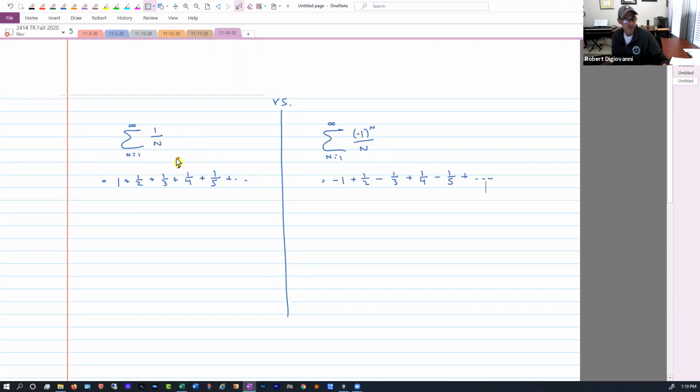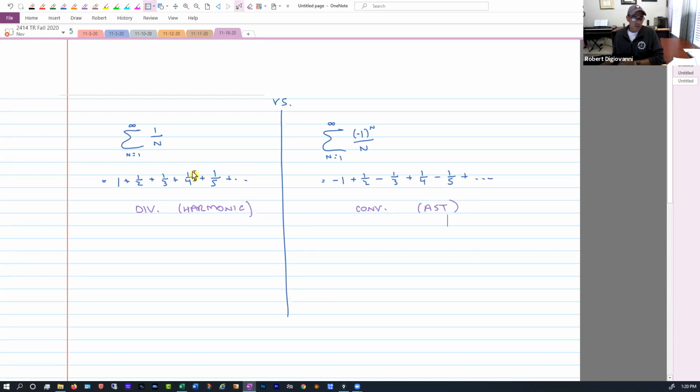What type of series is this? Harmonic. What do harmonic series do? Diverge. So this is divergent because it's harmonic, right? This one is an alternating series, and we just showed that it converged, didn't we? We did that using the alternating series test.